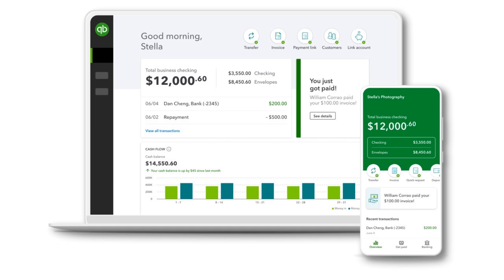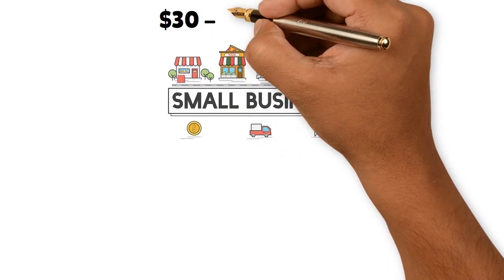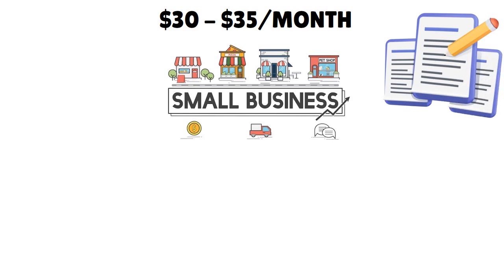If you are a small business looking for accounting software, QuickBooks is really great, and pricing starts at about $30 to $35 per month. That's decent for an accounting software tool. You also have customizable invoices and forms online. In terms of scalability and flexibility, you will love QuickBooks.